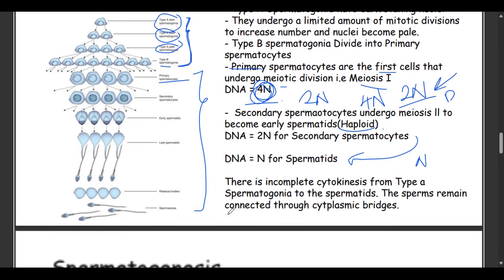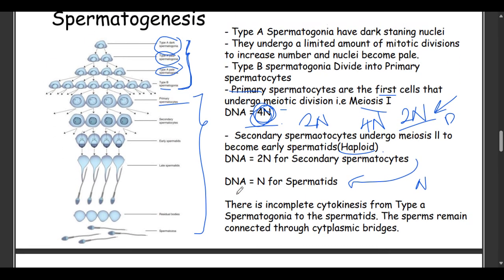So the meiosis starts with primary spermatocytes, meiosis 1, secondary spermatocytes undergo meiosis 2, and when that completes, you end up with early spermatids. The amount of DNA in a primary spermatocyte is 4n.